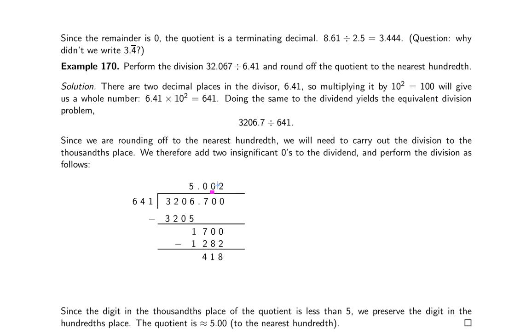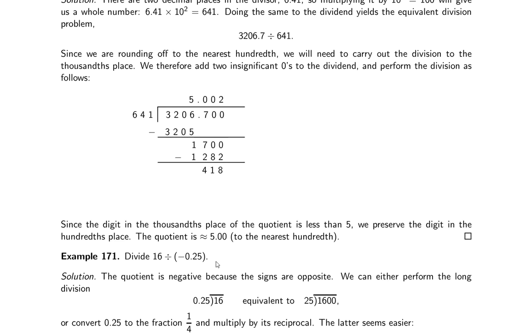So here, this is the rounding place in the hundredths. 2 is between 0 and 4, so we keep this 0. So it's 5.00, or just 5, rounded to the nearest hundredth.